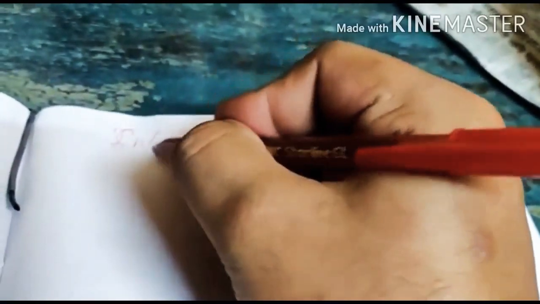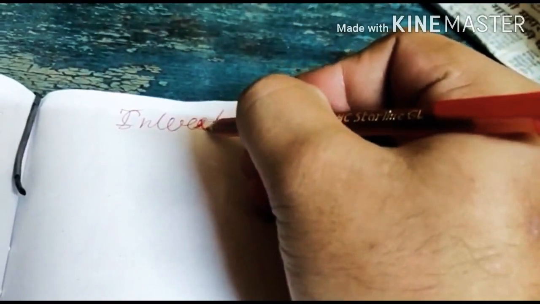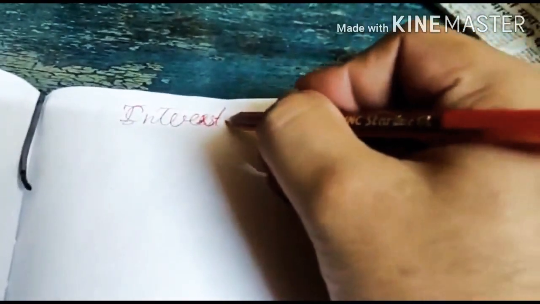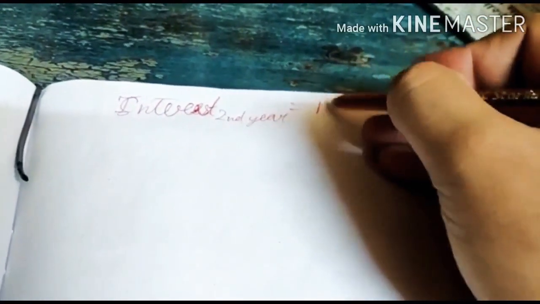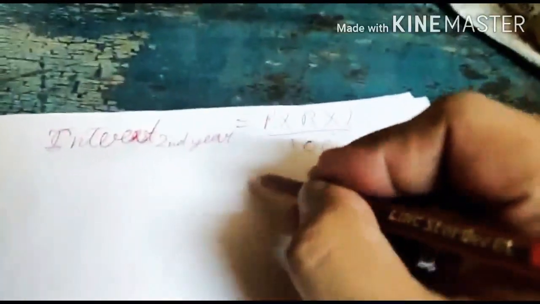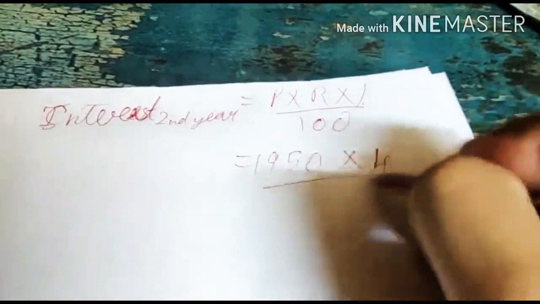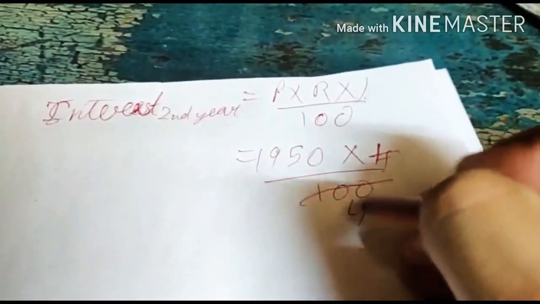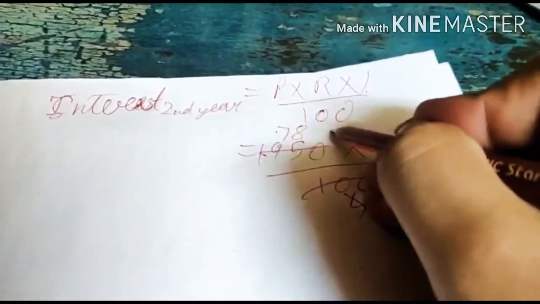Okay, so interest for the second year will be P into R into 1 upon 100. 1 here is time, so P here is 1950 into 4 upon 100. This will be 78.